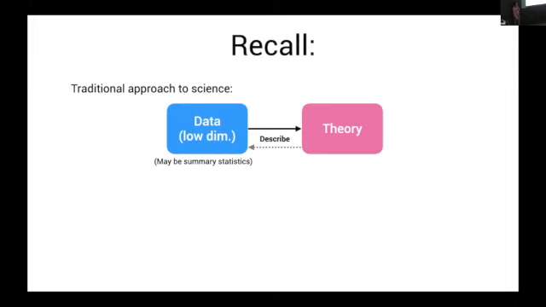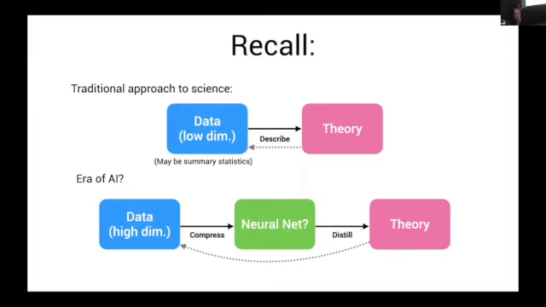Okay. The approach that I think is really interesting is to take a neural network that has learned some very accurate relationship on my data, and treat this as a compression. It's learned a new way of compressing this data and finding patterns that I didn't know.